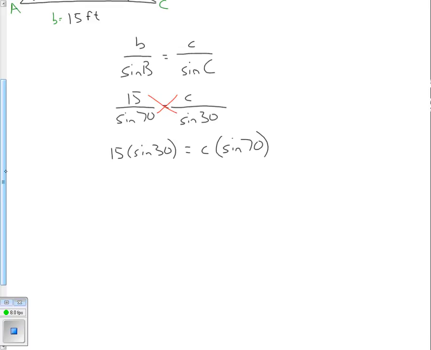Okay. Now I need to get that C value all by itself, and right now it's being multiplied by sine 70, so the opposite operation is to divide both sides by sine 70.